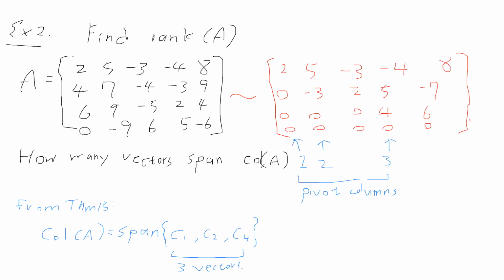That means the rank of A, which can also be defined as the dimension of the column space of A, is equal to 3.